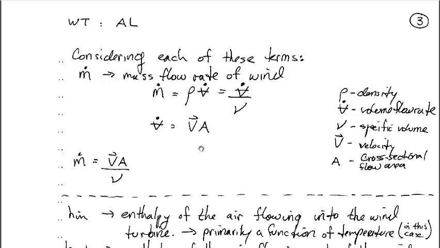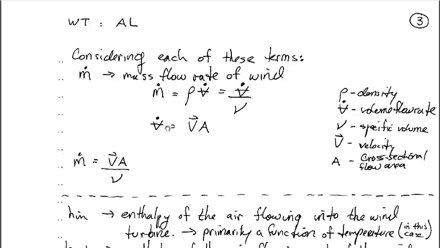And that's okay. One way to think about doing that is thinking about things in terms of units. So your velocity has units of length per second, and of course your area has units of length squared. Well, if I multiply length per second times length squared, that gives me length cubed per second.